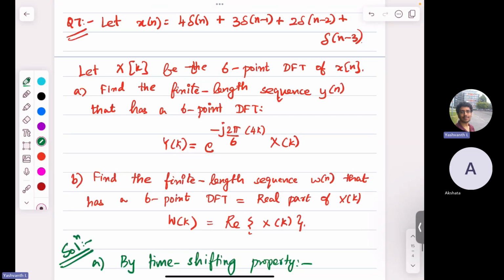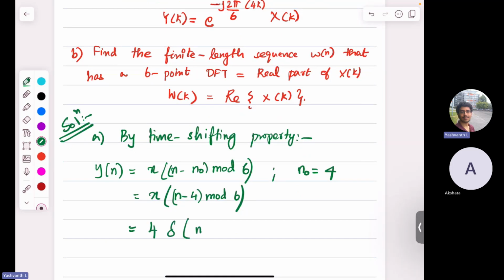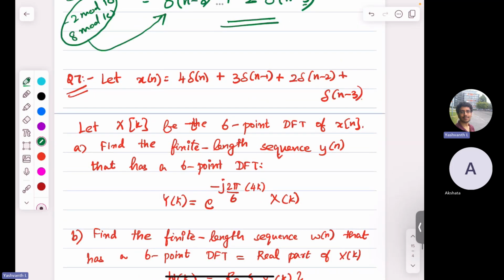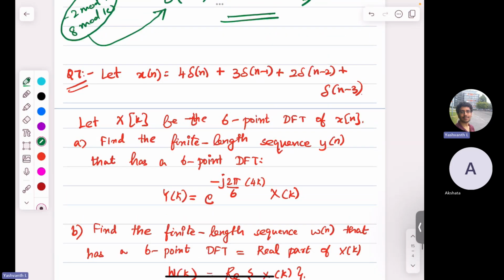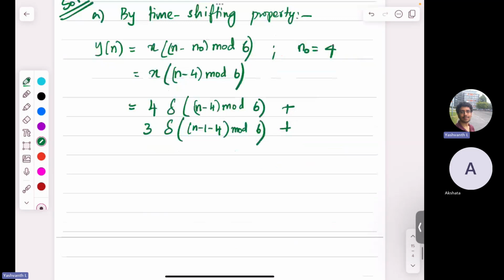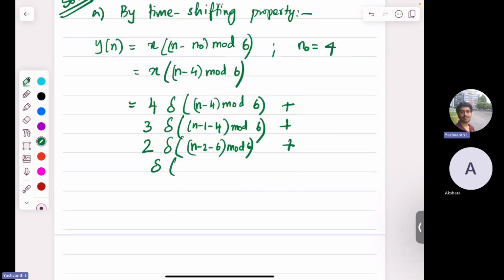The first term in x of n is 4 delta of n, so that becomes 4 delta of n minus 4 mod 6, plus 3 delta of n minus 1 minus 4 mod 6, plus 2 delta of n minus 2 minus 4 mod 6, plus delta of n minus 3 minus 4 mod 6.